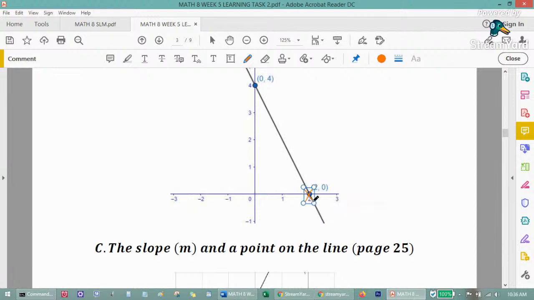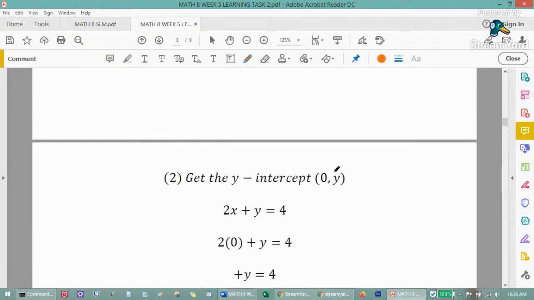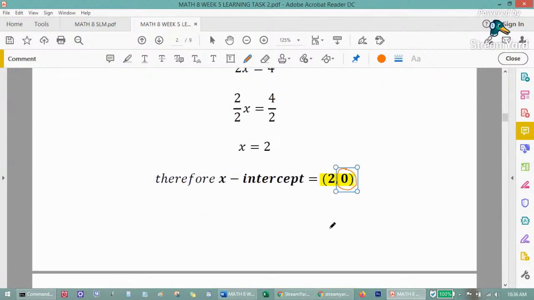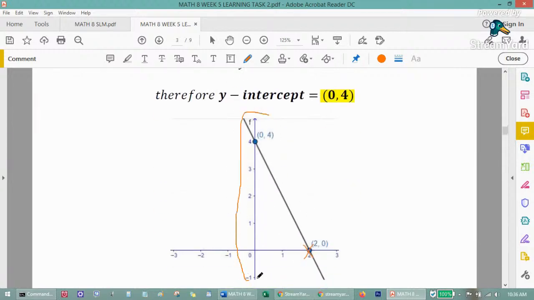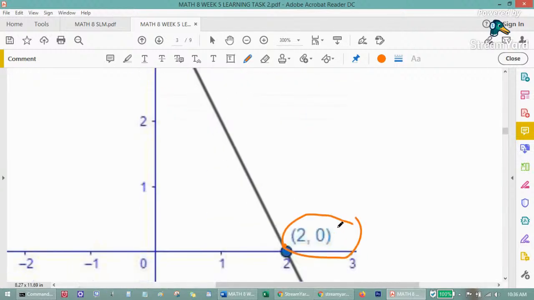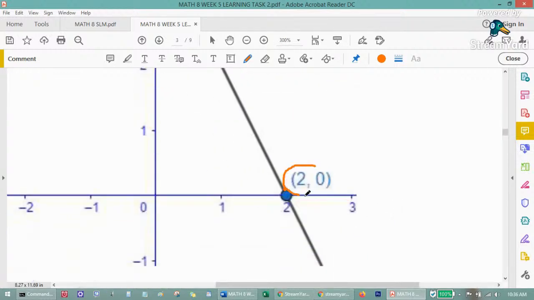Ito yung x na 2. And then y is 0. So, ito yung y natin. Nasaan ang 0 ng y? Ito. So, this is x is 2. X is 2 and y is 0.